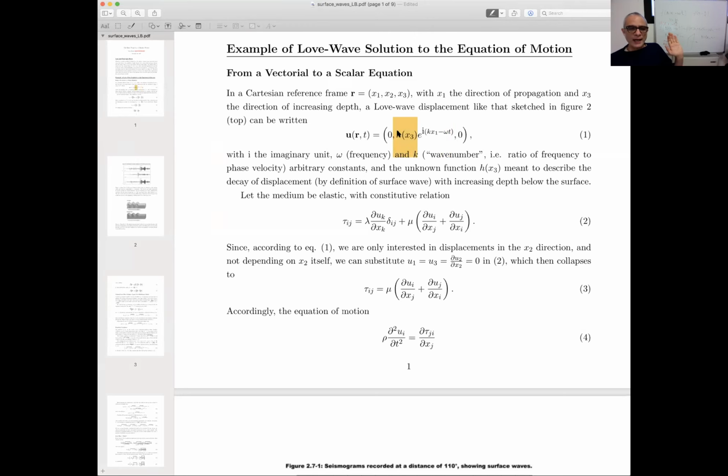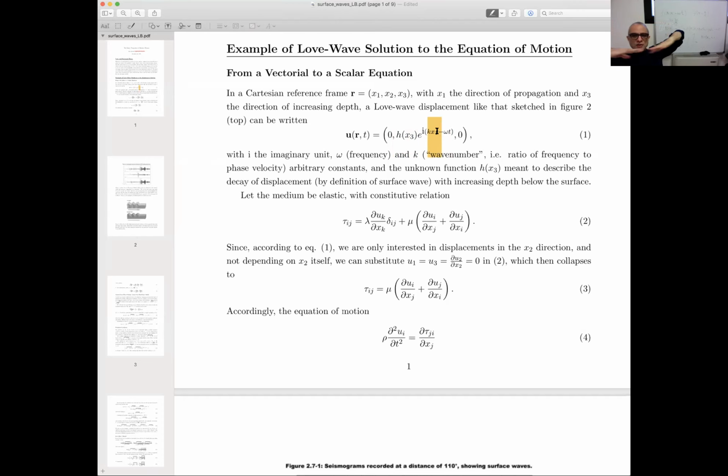Well, I haven't said that yet, but has a signal that might change in amplitude as a function of depth, but it propagates along a horizontal direction. So there's no k3, only k1, or there could be k2, but we could have some direction that is not parallel to x1.